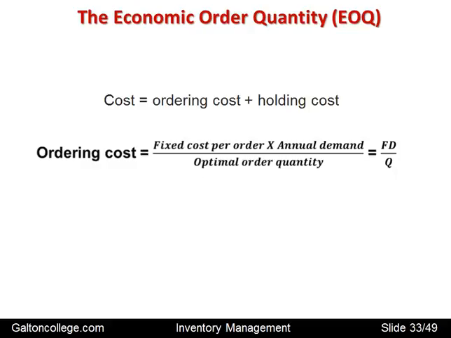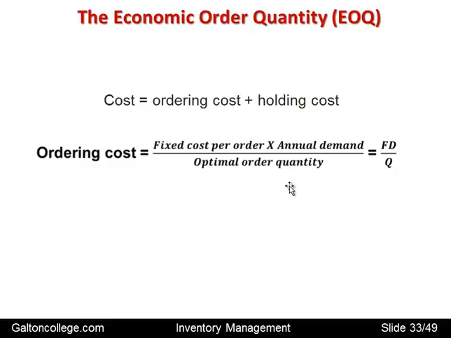So if the annual demand was 1,000 and the optimal order quantity was 100, we would have 10 orders.